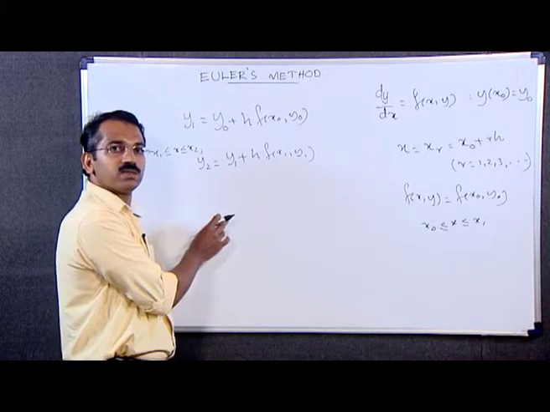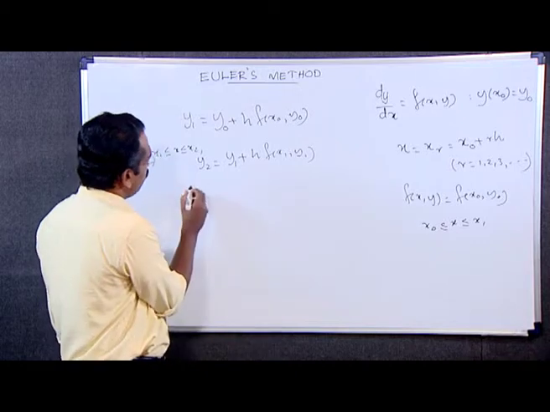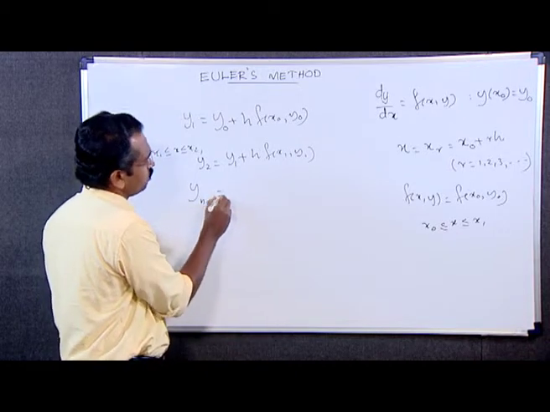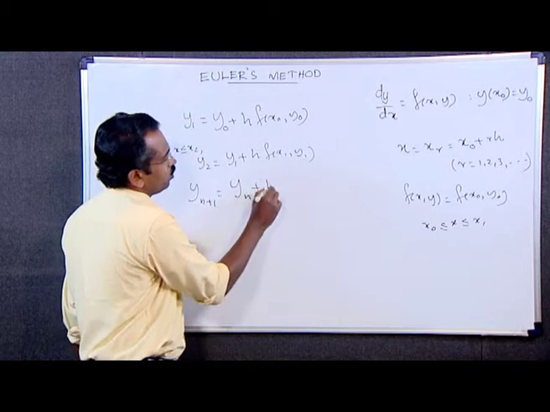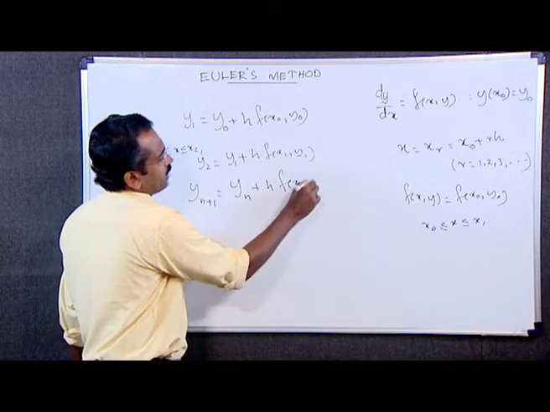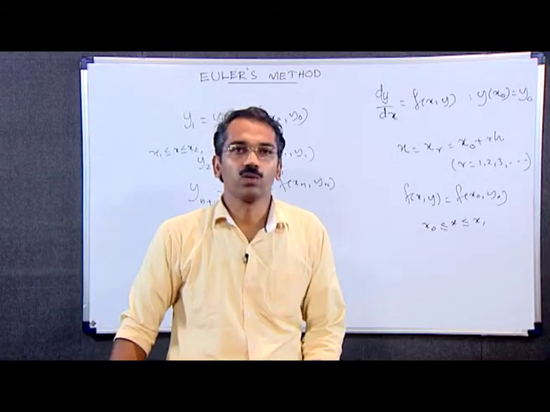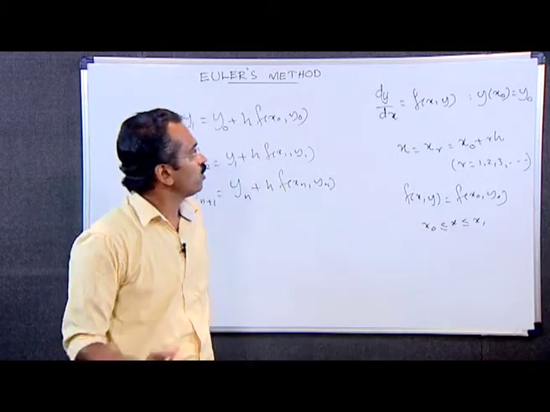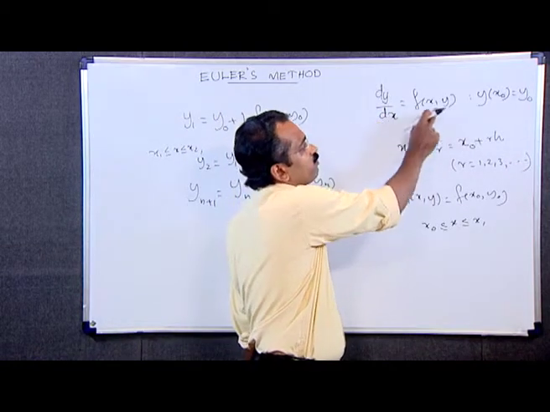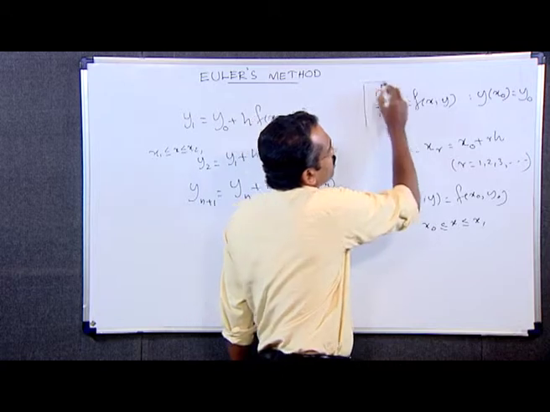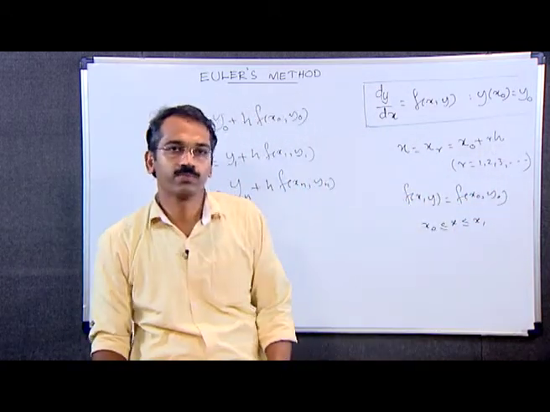Proceeding like this, we obtain the general formula as yn plus 1 is equal to yn plus h into f of xn comma yn. This is the Euler's formula to solve the differential equation of the form dy by dx is equal to f of x, y, given that y of x naught is equal to y naught.